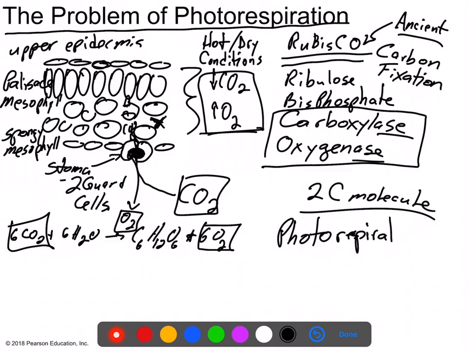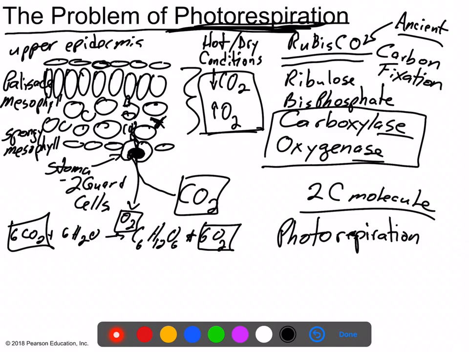And when it does that, we describe it as photorespiration. It means that during photosynthesis, you're trapping oxygen, which is a respiring type of step.